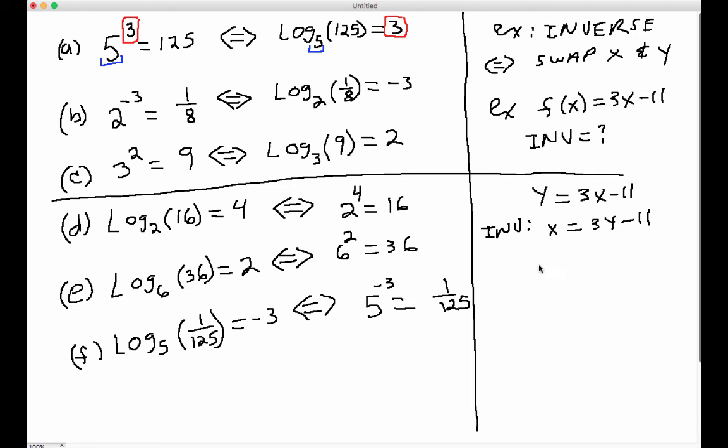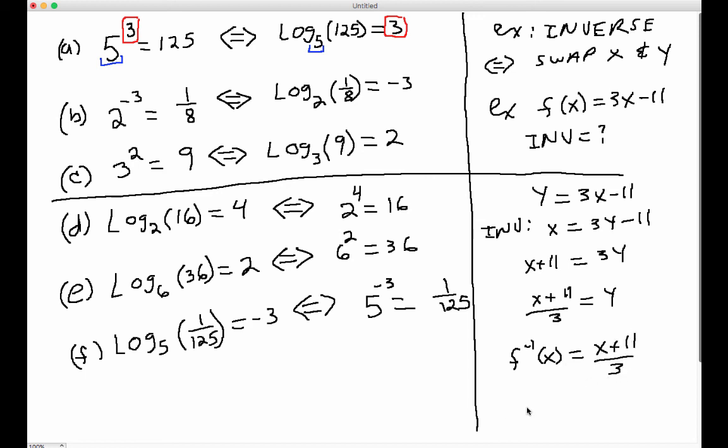So if I solve that for y, that's x plus 11 is equal to 3y. And now if I divide both sides by 3, I get (x plus 11) over 3 is equal to y. So this new function that I've created is going to have this notation: f inverse of x is equal to (x plus 11) over 3.